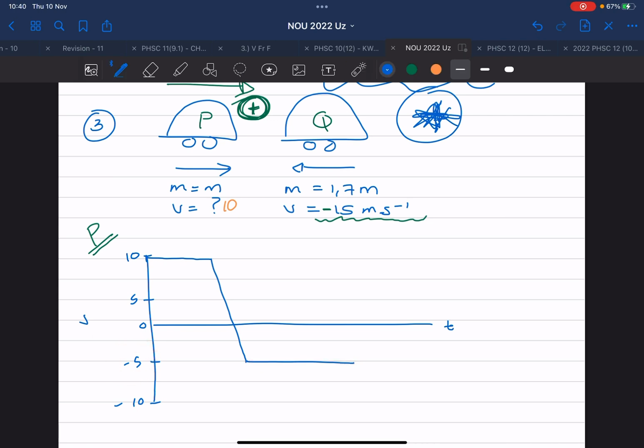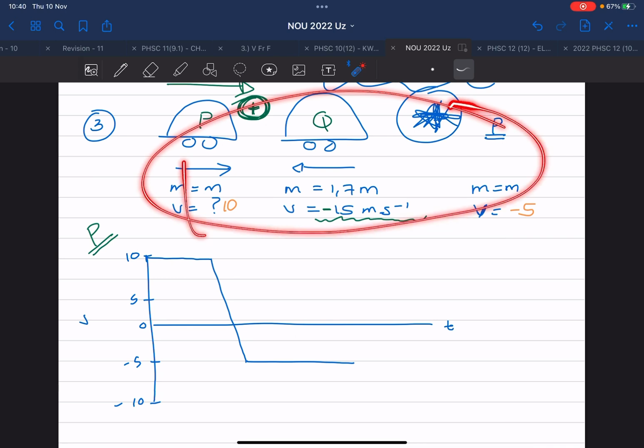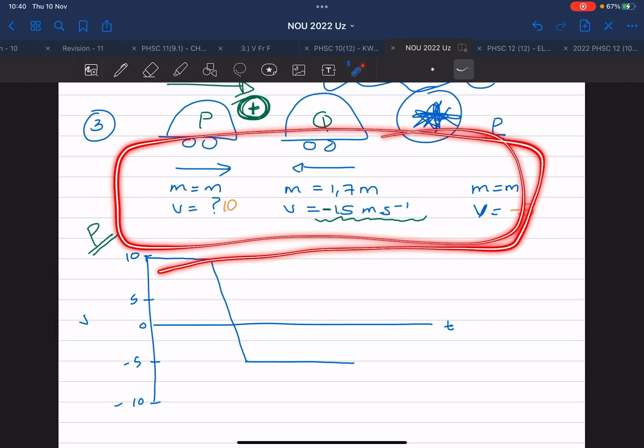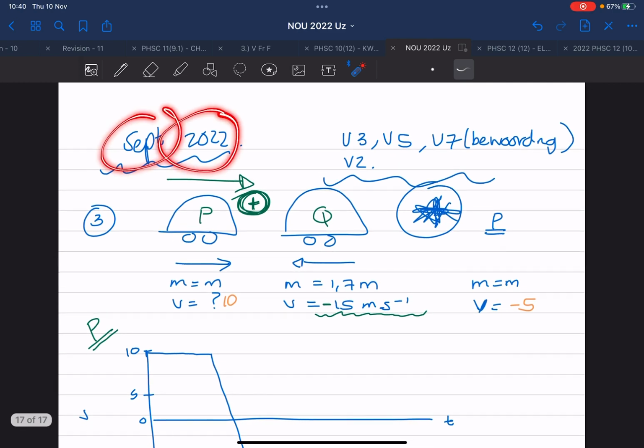So, ek gaan vir myself sê, hierso P, after the collision, object P, the mass remains M, the velocity now is -5. Ek het by supermin mense in die eksamen 'n prentjie gesien en infotabel. This is so important in this chapter. So important. This is September 2022.